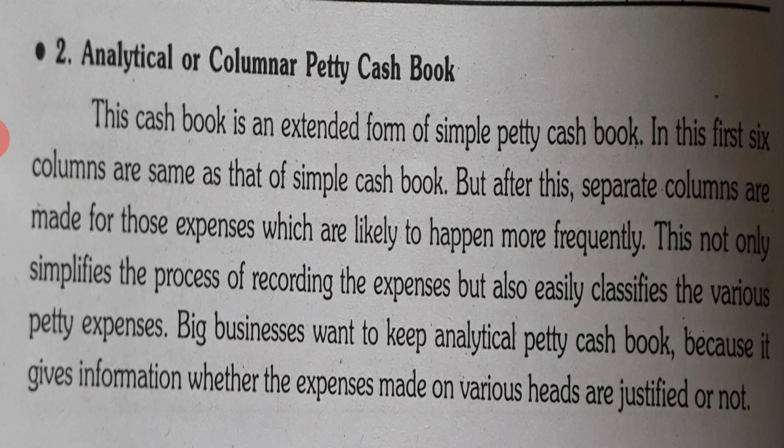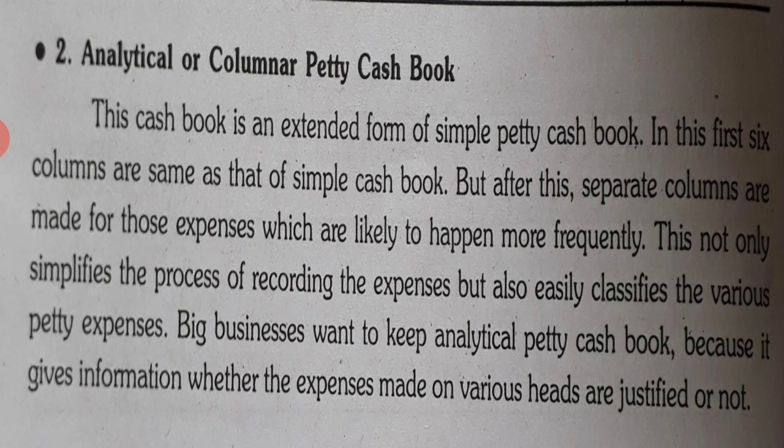So just to minimize the expenses on a particular head, columnar petty cash book is prepared so that it can be observed easily, then on what particular item or on what particular expense expenditure, I mean to say, is being spent more.